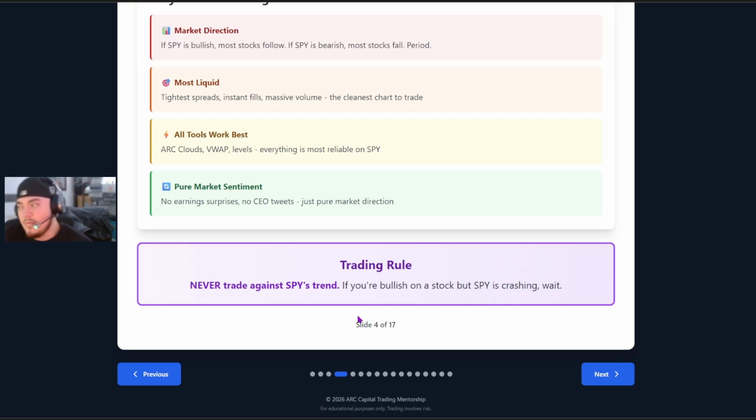I'm not going to say that it won't work, because there are cases where stocks receive some sort of news and they do the opposite of SPY, while the whole market just doesn't care and continues on whatever trend it was in. So, not saying that it won't work, but if you want to play it safe and only take high probability trades, you should wait until they are correlating, all right?